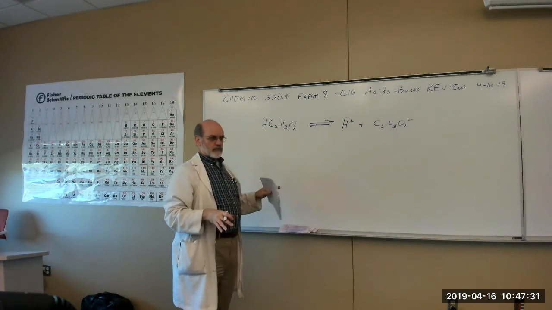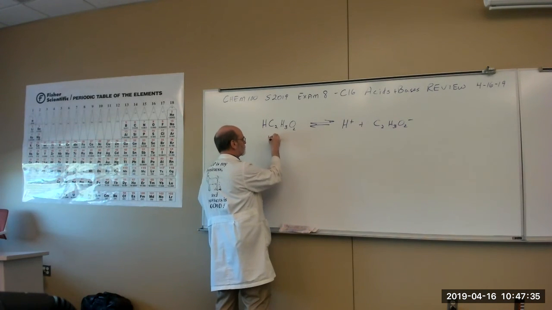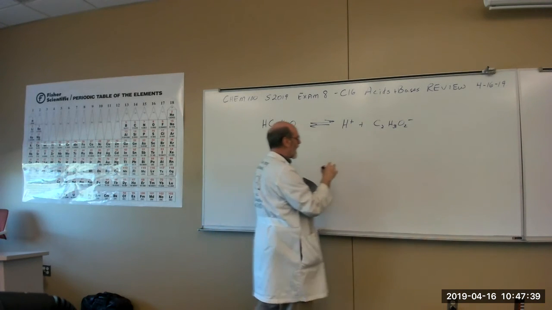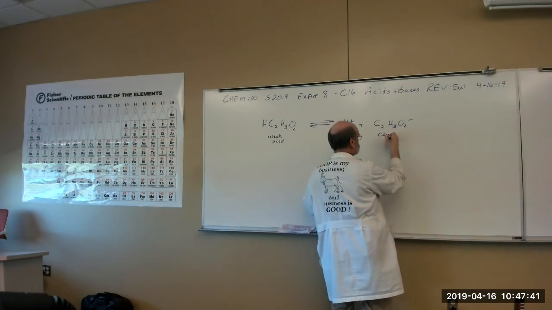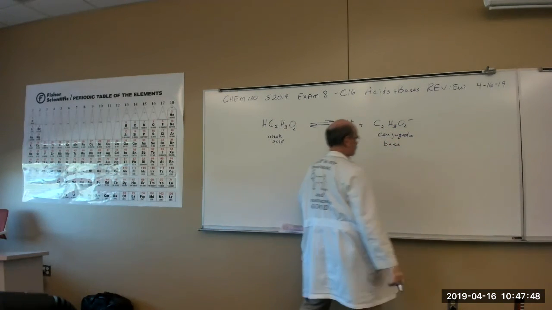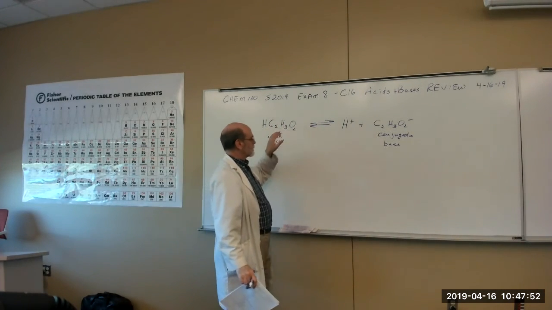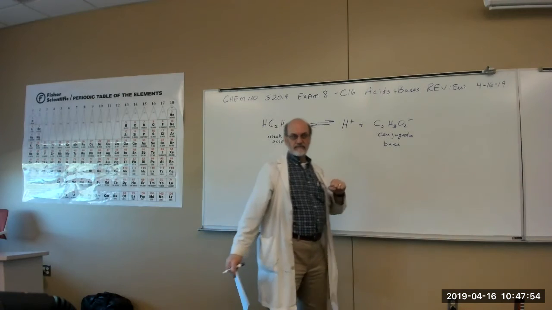Okay, so a buffered solution is a combination of the weak acid and its conjugate base. So in a buffered solution, we're going to have some of this and some of that.